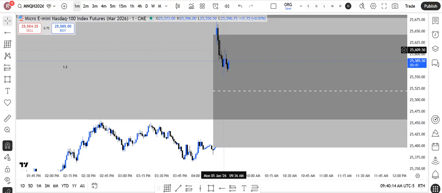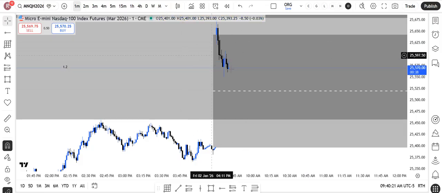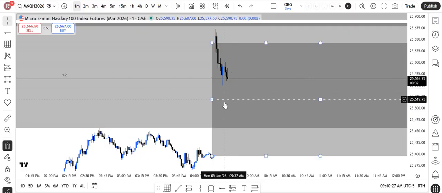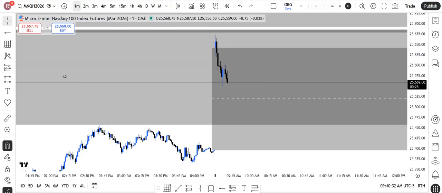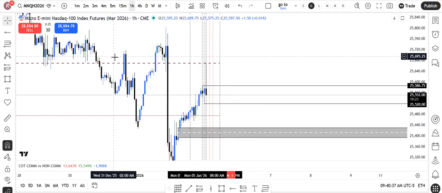But we do have these equal level highs right here, so it could come up and sweep that. But like I said, in my opinion, I would more likely side on this right now. Plus, everything is telling me this thing wants to go down.